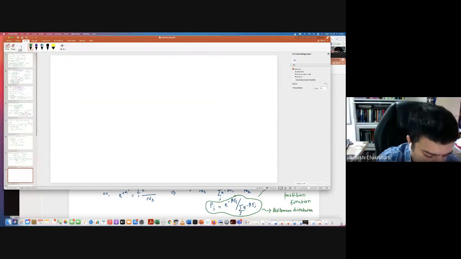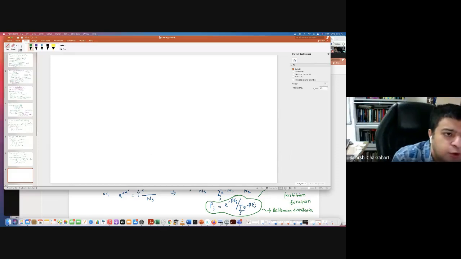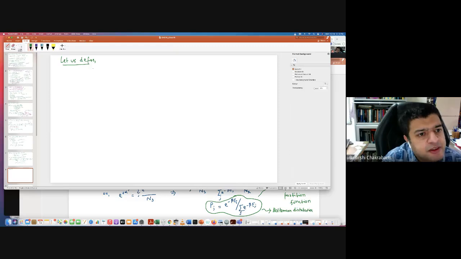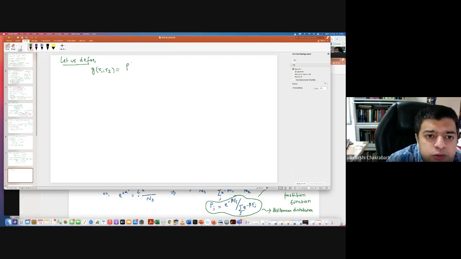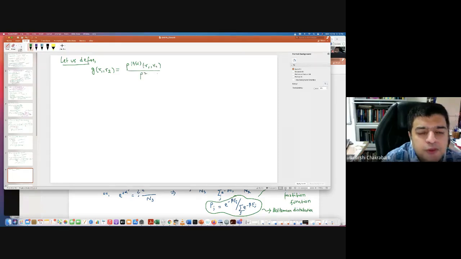Okay. So now if you go to a real liquid, how to quantify this? In order to quantify this, let us define something. Let us define something like g(r1, r2), defined in such a way that this is actually rho 2 by n. So what is the value of this quantity for ideal gas?